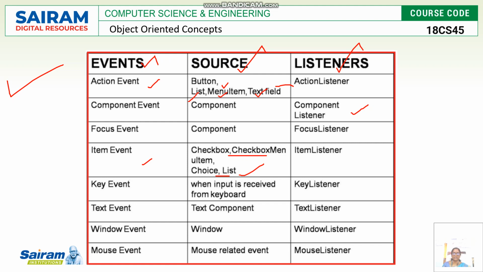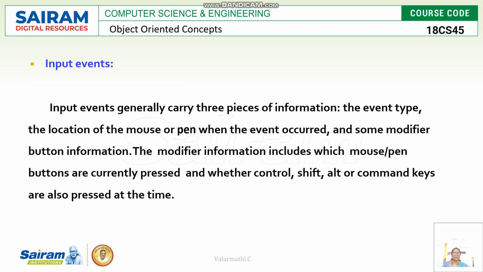Keyboard events are focused on the keyboard and tied up with the KeyListener. Text events come from text components with the TextListener, and window events have window as the source and are mapped with the WindowListener. Then let us see the events one by one in detail.